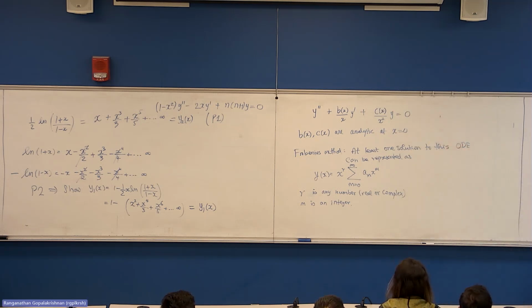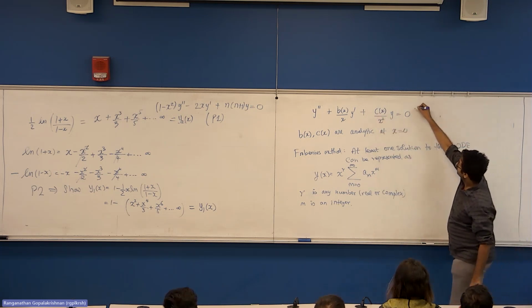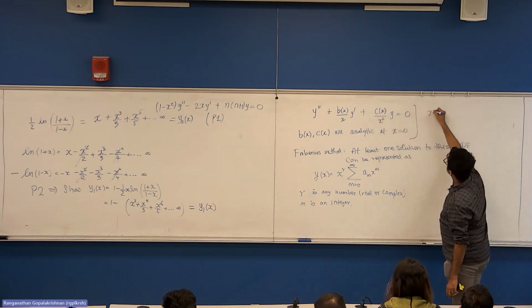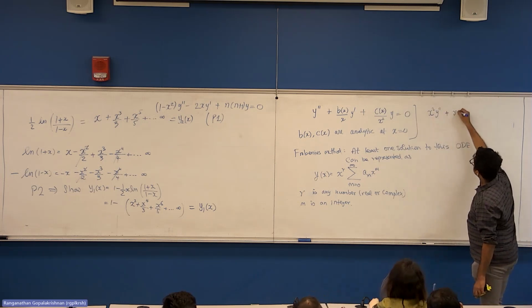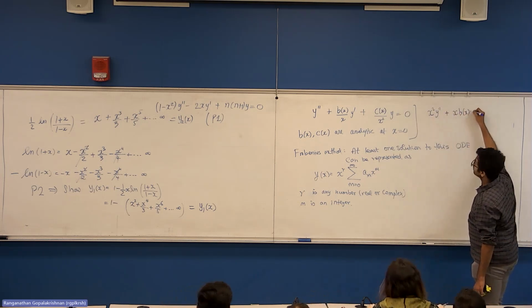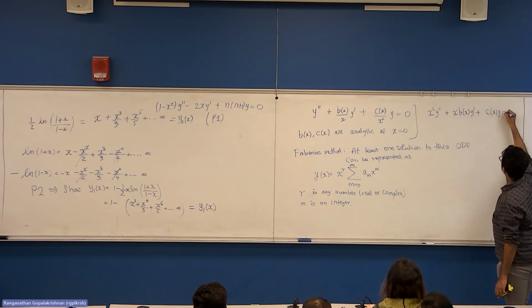All right, so we have already assumed that these functions are analytic at 0. So we'll rewrite the equation as x squared y double prime plus x times b of x times y prime plus c of x times y equal to 0.